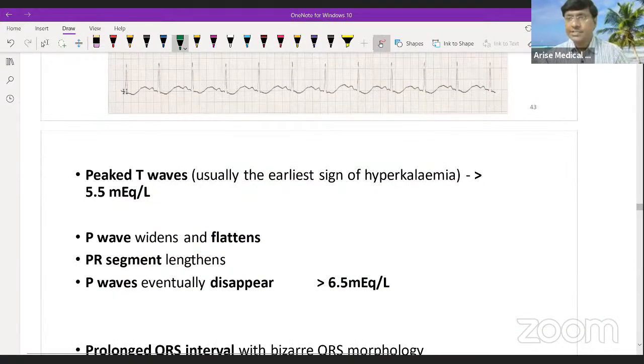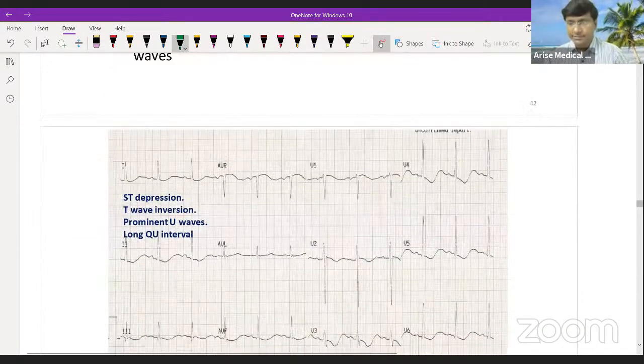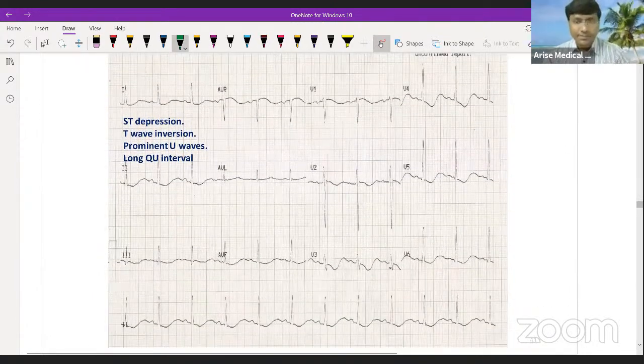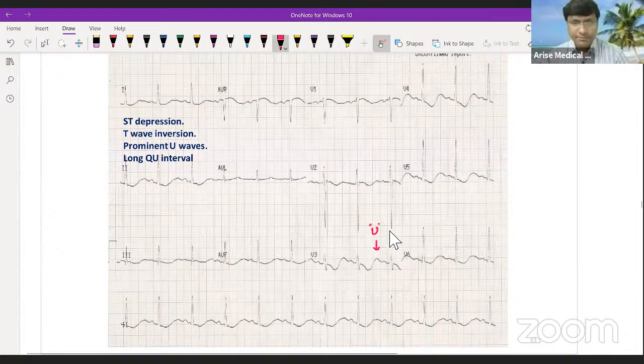Yeah, you can see the ECG of hypokalemia. Yes, you see, this is your U wave, right? And this is your T wave being inverted.